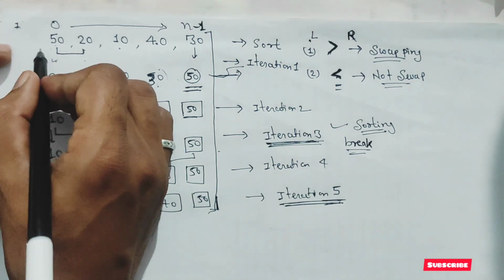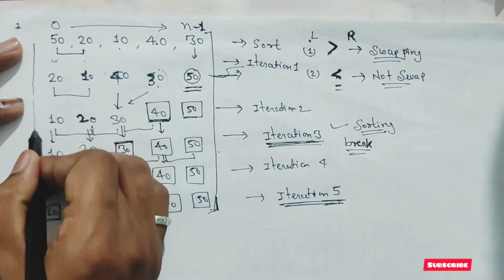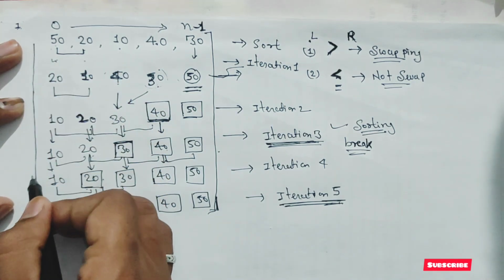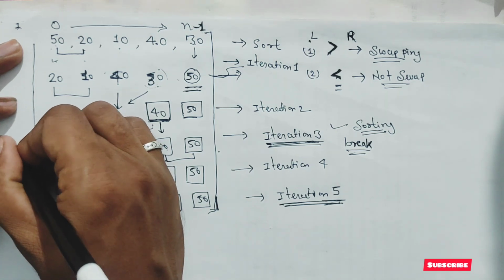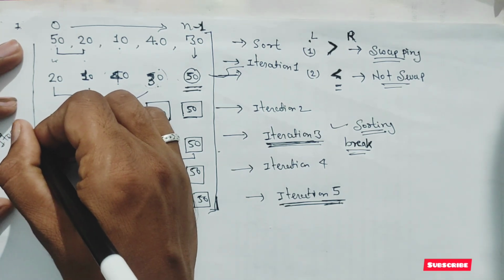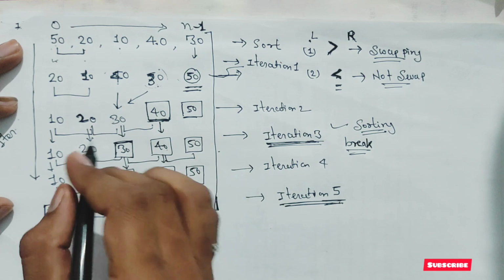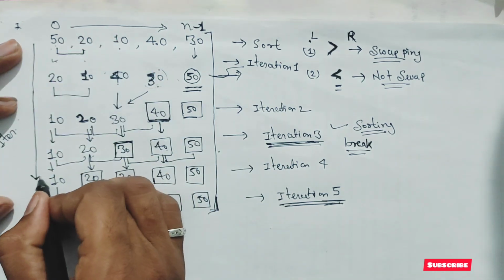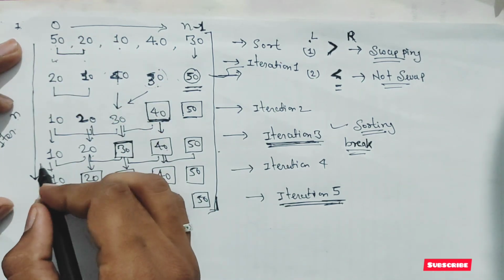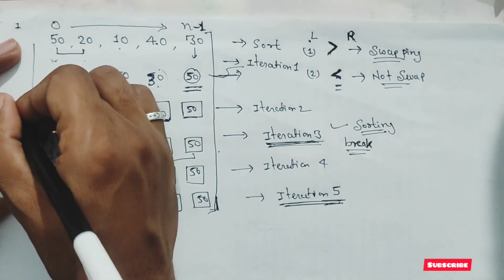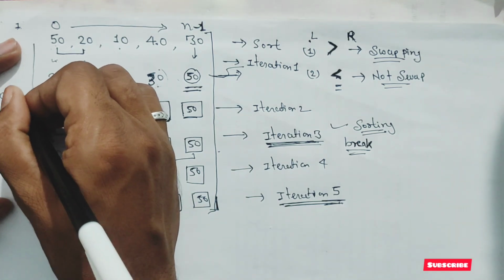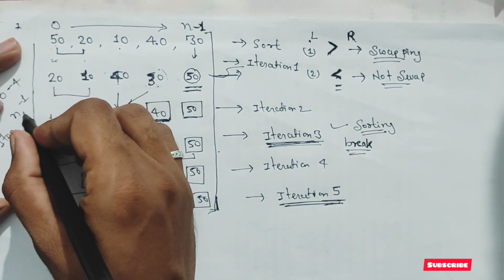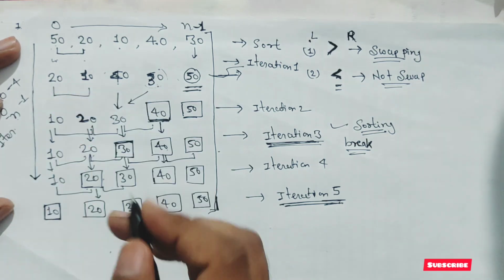And one more iteration will run simultaneously. How many loops are required? 2 loops. The first is for n. n is our 5, and if we start from 0, then 0 to 4, so 0 to n minus 1.